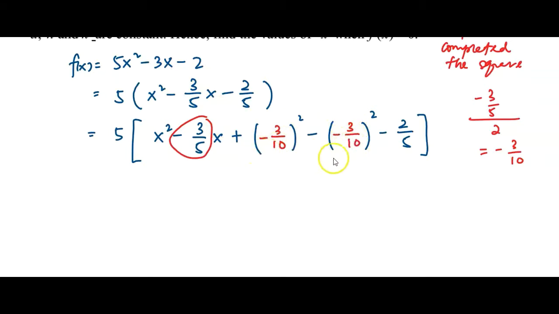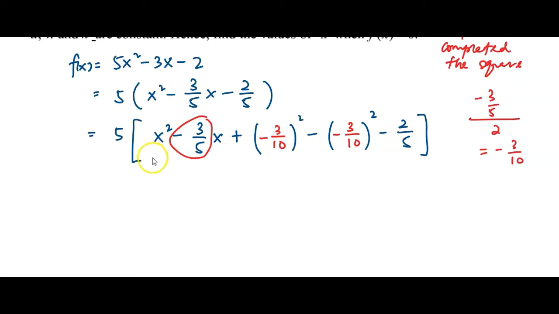Now you can see that actually I'm adding a same value minus a same value, which will produce 0. So for the quadratic expression, we did not change anything. We are just trying to change the form, by adding negative 3 over 10 square minus negative 3 over 10 square.